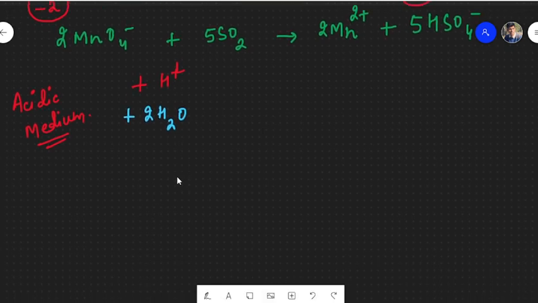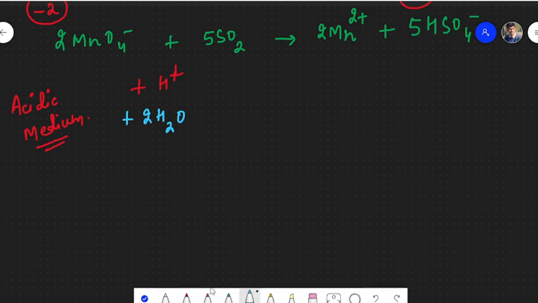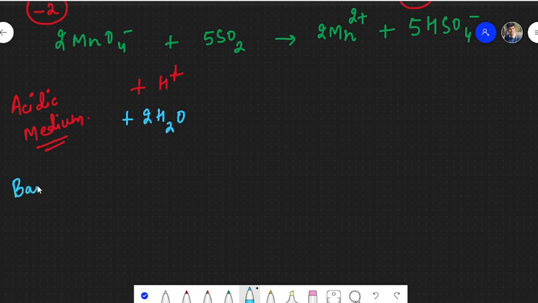But what if the reaction is given in basic medium? Then how do we do this chemical reaction? Let me tell you this also. In basic medium everything is similar. Don't panic about this. Just calculate the charge on both sides. We know here we have -2 and on the product side we had -1.